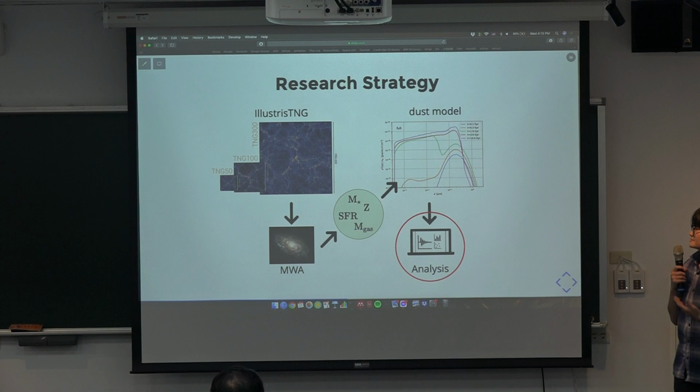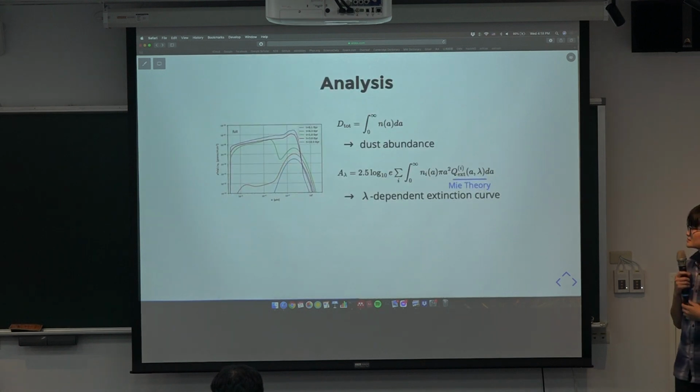So after I have a dust model, I put it into the model and then get the data and then analyze. So how do I analyze? As you probably know, the grain size distribution is not an observable quantity.